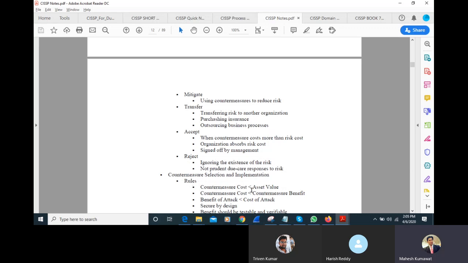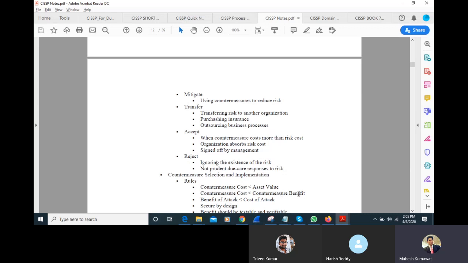We compare countermeasure cost with asset value. For example, if the countermeasure cost is 2 lakhs and the asset value is 1 lakh, we don't need to go for the countermeasure because the cost is very high. If the asset value is 15 lakhs and the countermeasure cost is 1 lakh, then we can go for the countermeasure. Then there are countermeasure benefits.